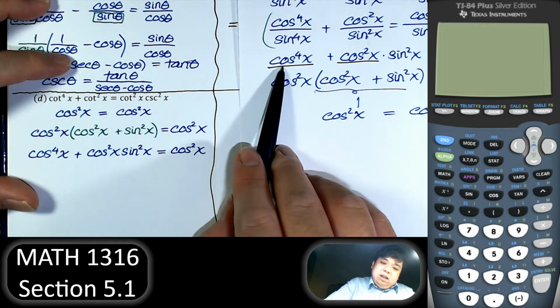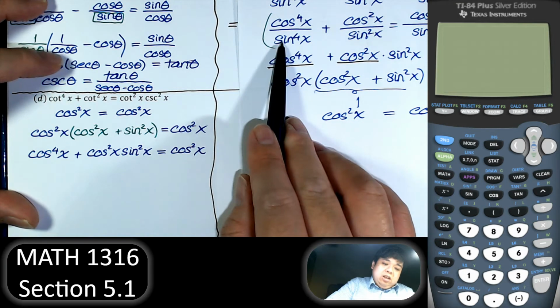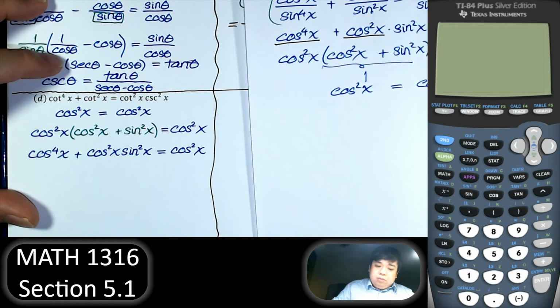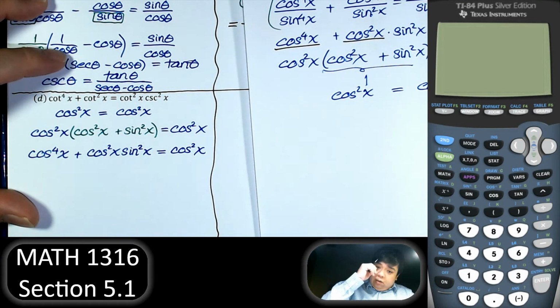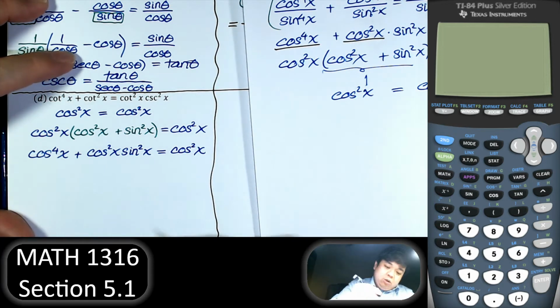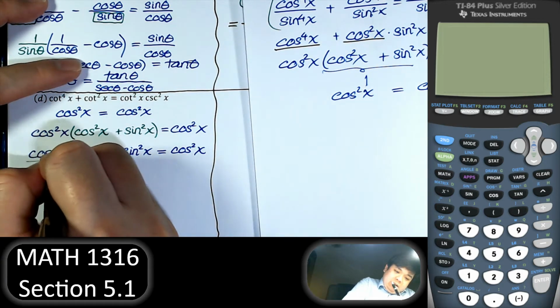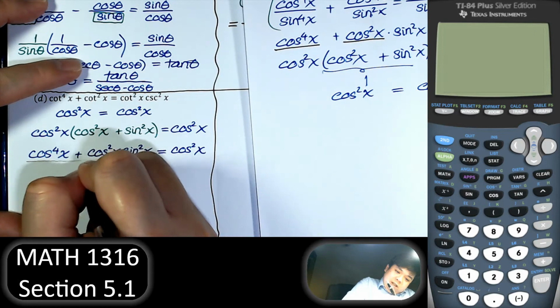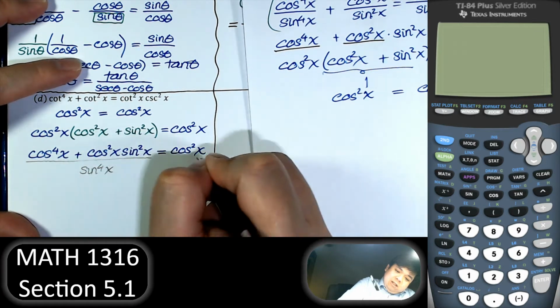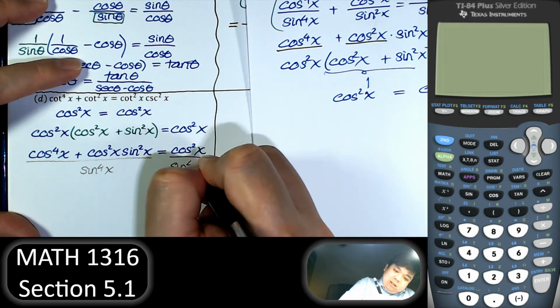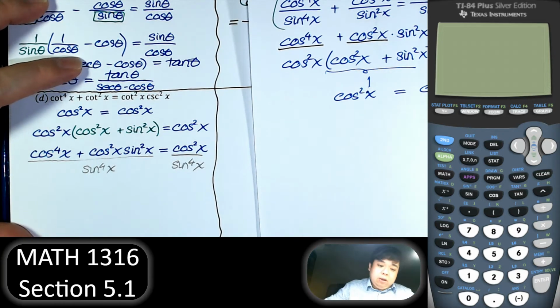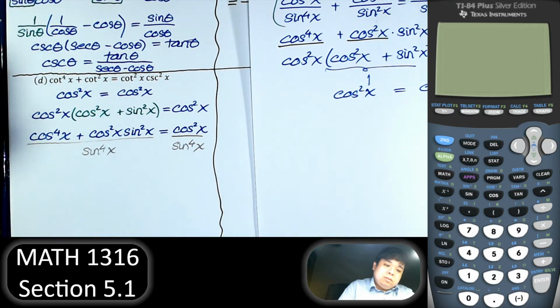Next, to get to this step, we divide both sides by sine to the 4th power. So we divide everything by sine to the 4th power. Right.